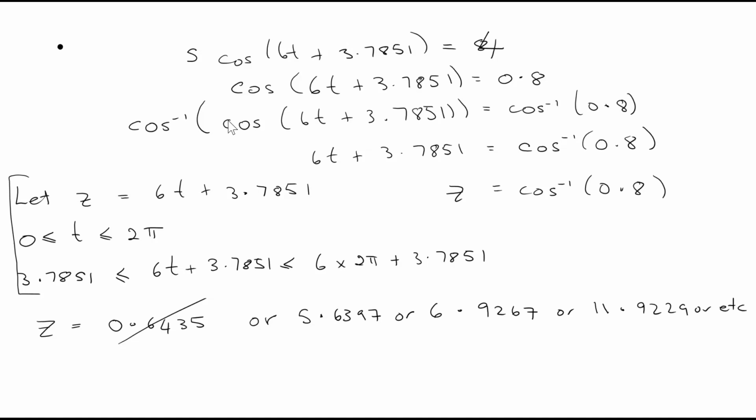Now, the question does ask us for the first one, so really we don't need to go any further. We would, but we don't need to. The first one that is in that range is the 5.63, so therefore z equals 5.6397, since we're finding the first.